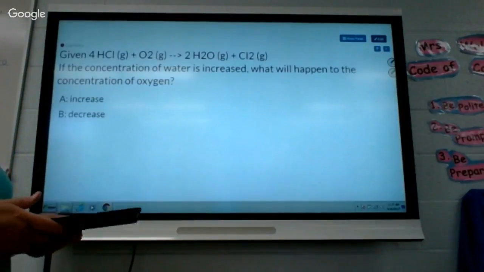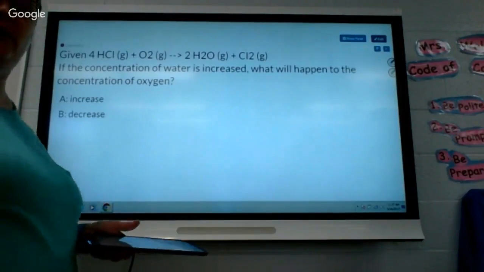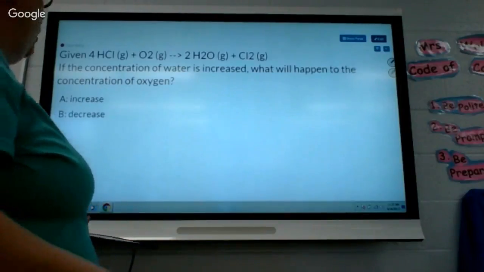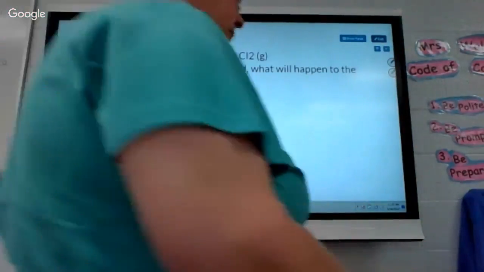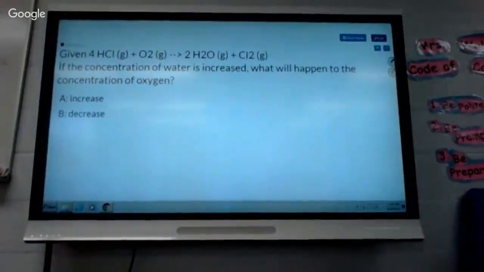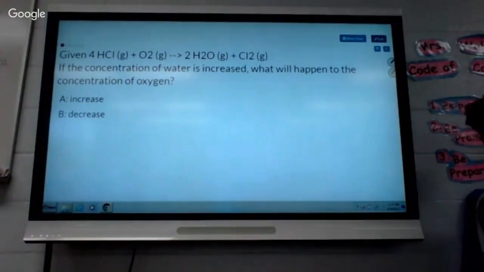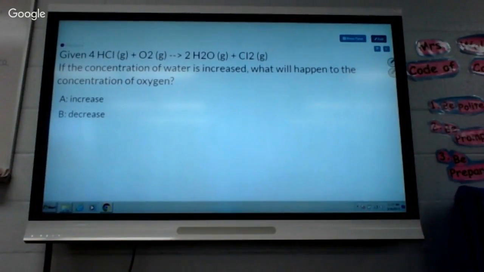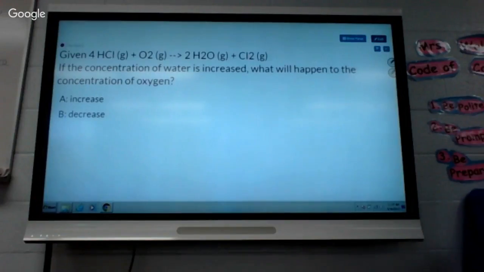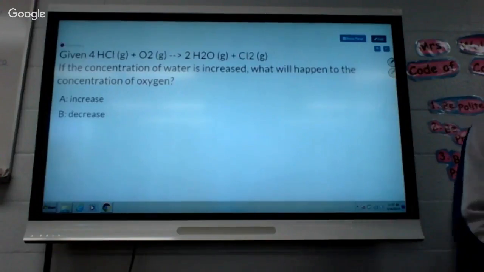A and B. H. If the concentration of water is increased, what will happen to the concentration of oxygen? So if I increase my water, what happens to my oxygen? Ooh, that's the one I messed up the other day. Go ahead, Trent.